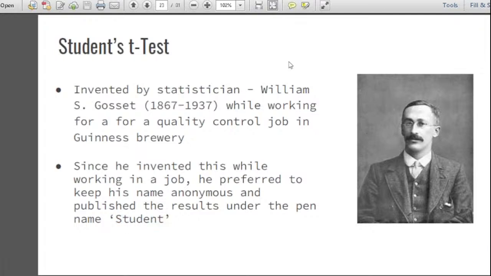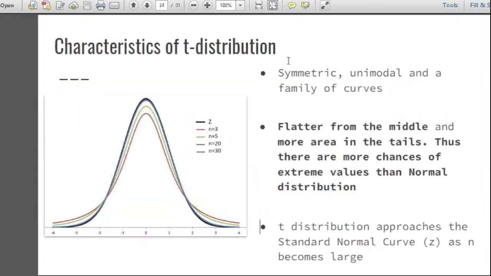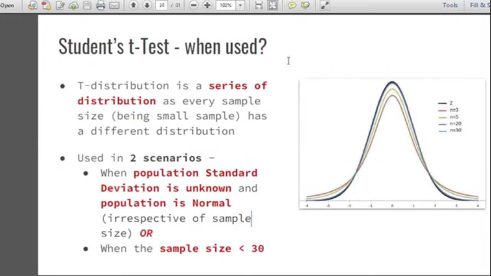Now coming to two very interesting slides, which will give you a very good understanding of t-tests. First, look at these distributions of different colors. All these are distributions of t with different n.